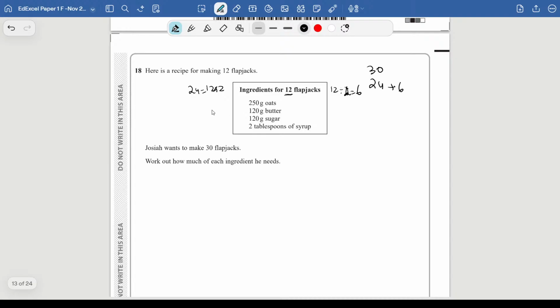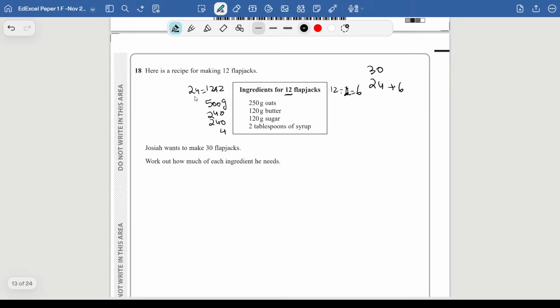So double of 250 is 500 grams of oats, and double of 120 is 240 grams of sugar, and 4 tablespoons of syrup.